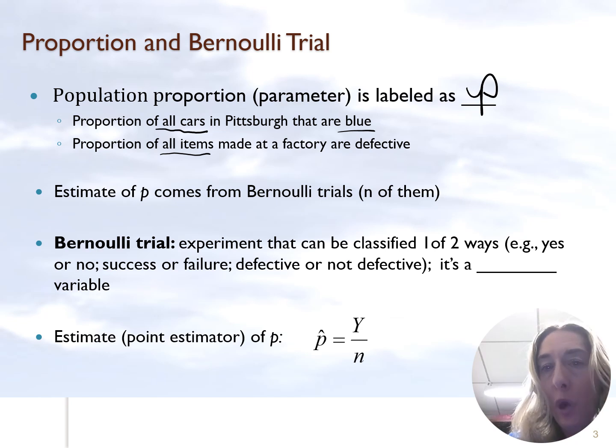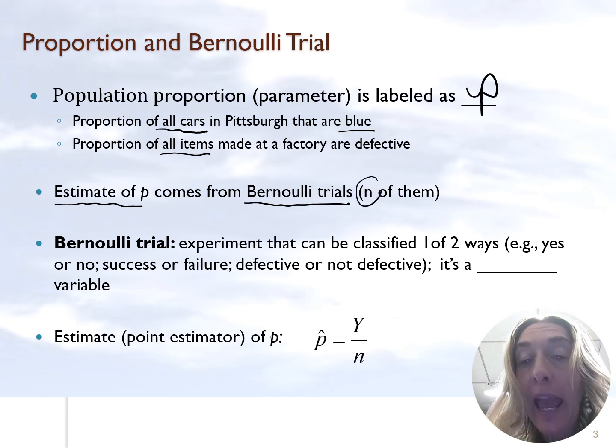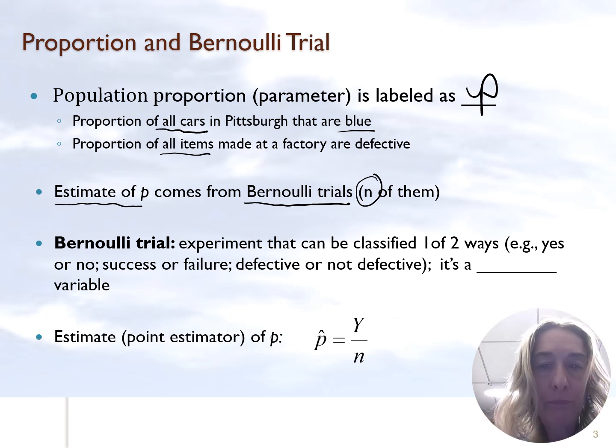So P as a proportion or as a parameter, we have to estimate it, right? An estimate of P comes from what are known as Bernoulli trials, and in particular, n of them. And this series of trials forms what's known as a Bernoulli process.